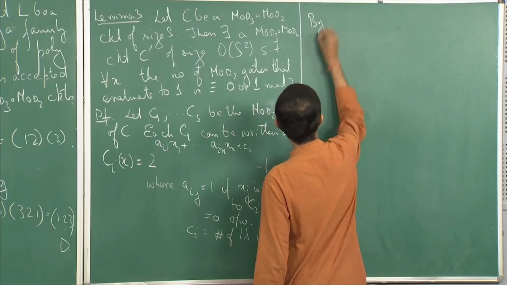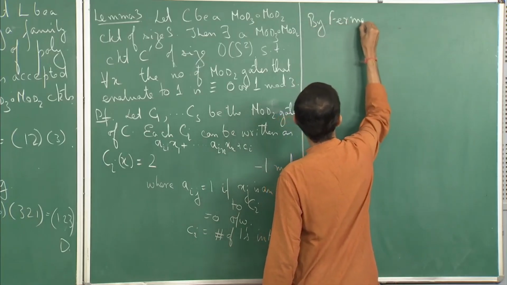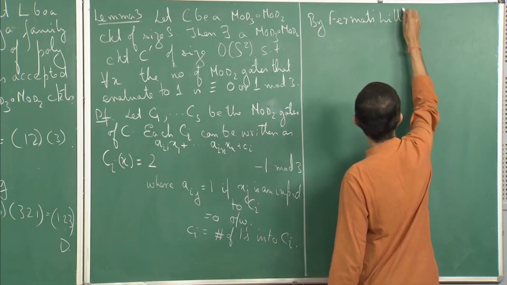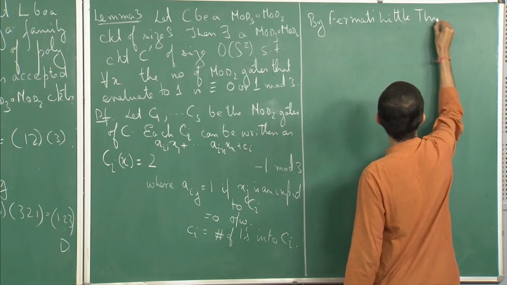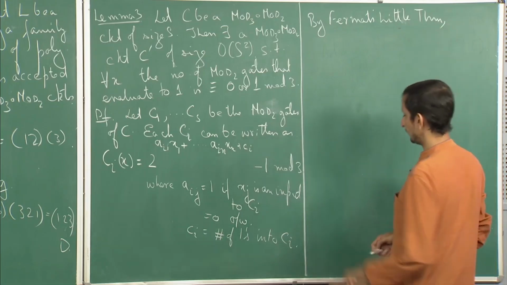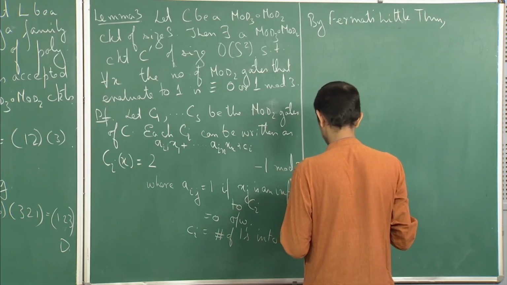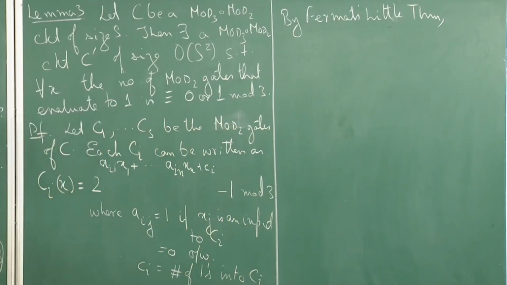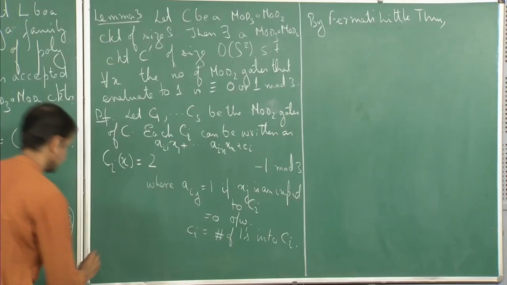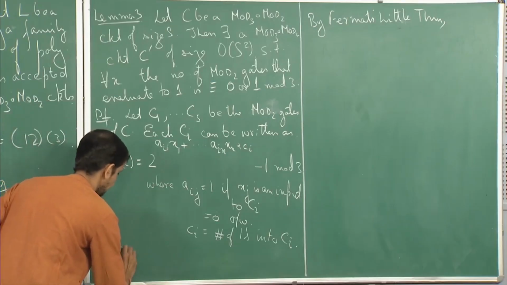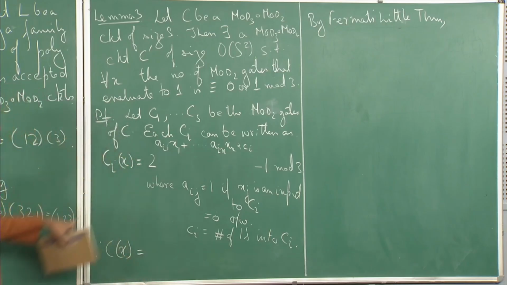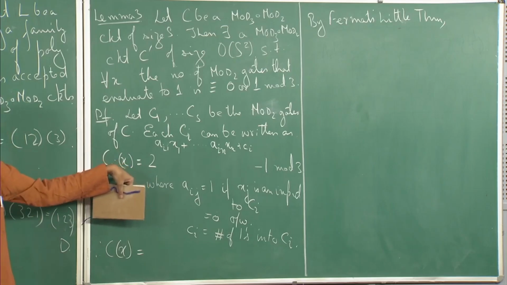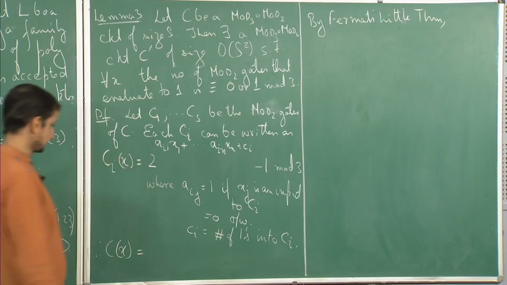So, by Fermat's little theorem, okay, so I need it. So, even before we get to Fermat's little theorem, let me just talk about the entire sum now. Let us just look at C of x. So, what is C of x? I just add up all these Ci of x mod 3.